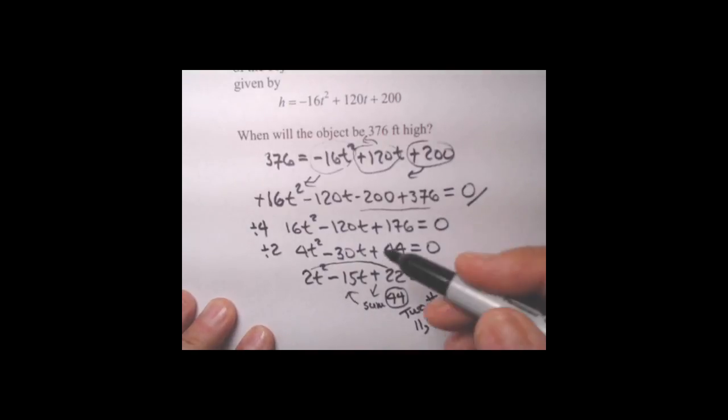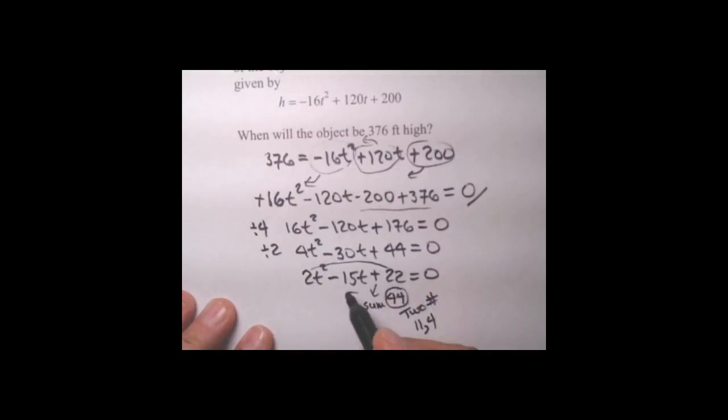Now, remember, this is an AC product, so we don't get the answer direct. We have to split the center term. Here it is. The plus on the end here means the choices for my signs are double minus or double plus, and the minus on the center term means we take the double minus choice.